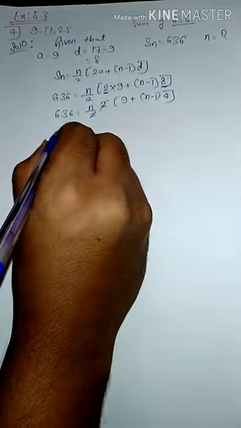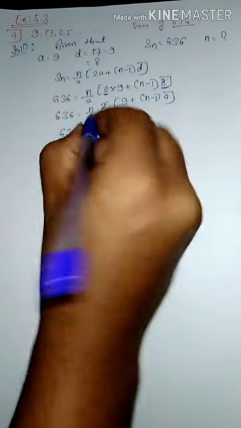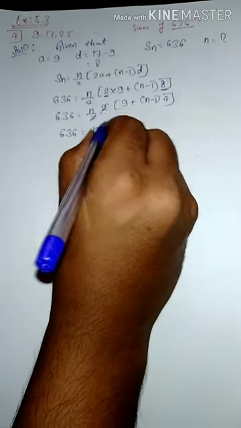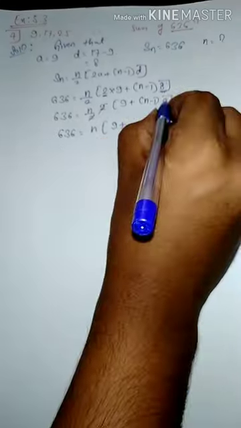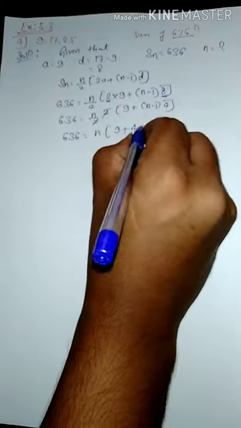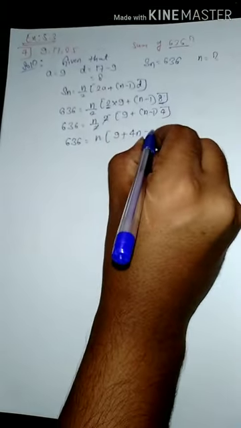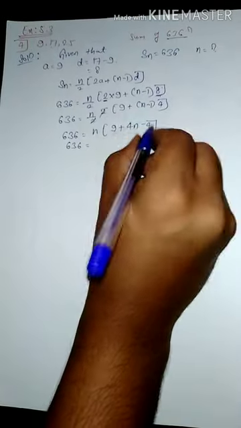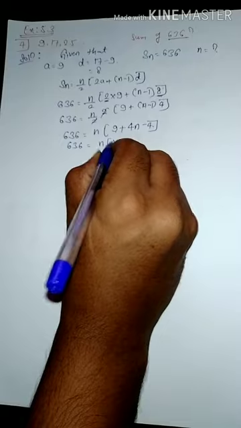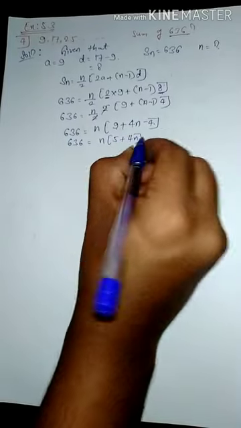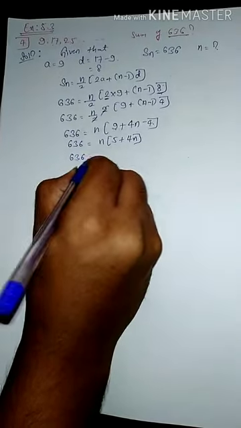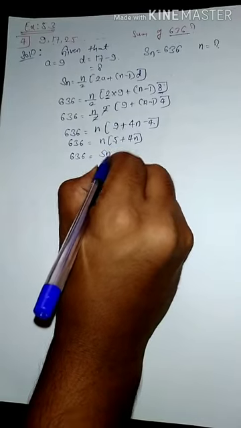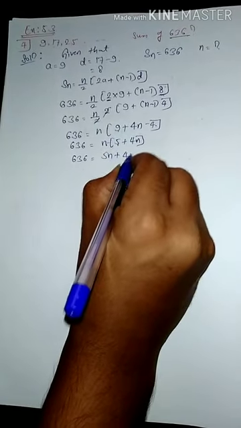The 2s cancel each other. 636 is equal to n into (9 plus 4n minus 4), 4 ones are 4. 636 is equal to n into (5 plus 4n), which is 5n plus 4n square.